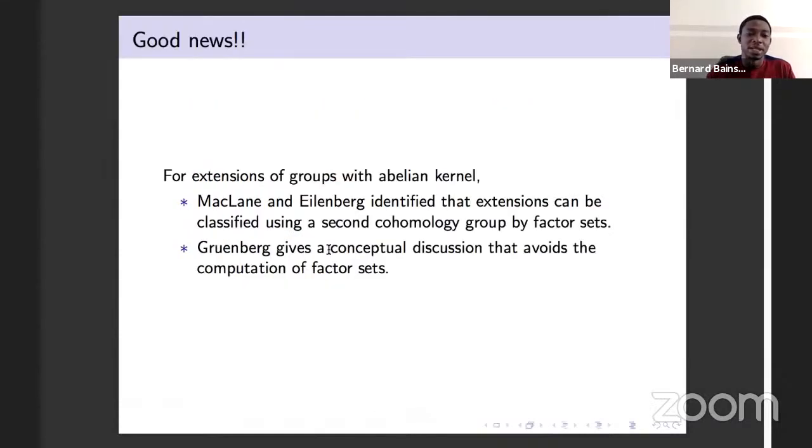The good news is that for inverse semigroups, which are the algebraic structure closely related to the ordered groupoids that I considered, MacLane and Eilenberg identified that extensions for groups can be classified using the second cohomology group by what we mostly call the factor sets.